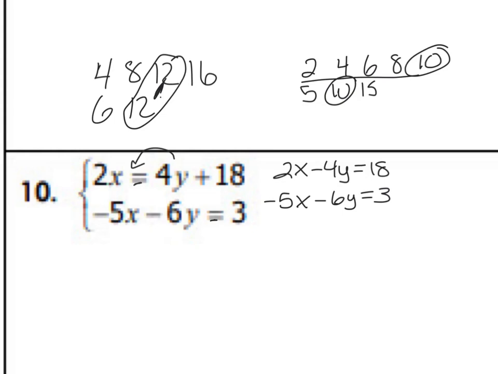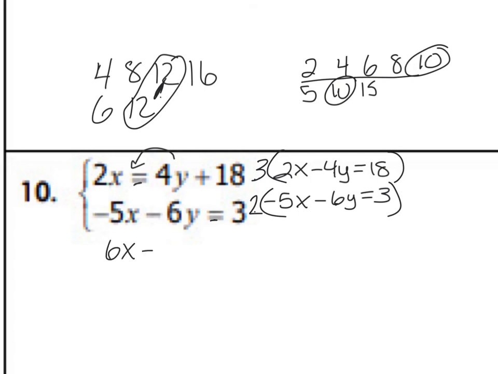So we're going to look at a common multiple of 12. So what would I have to multiply with 4 to get 12? 3. And what would I have to multiply with 6 to get 12? 2. Okay? 4 and 6 have a common multiple of 12. So now I'm going to multiply these out to get my new equations.